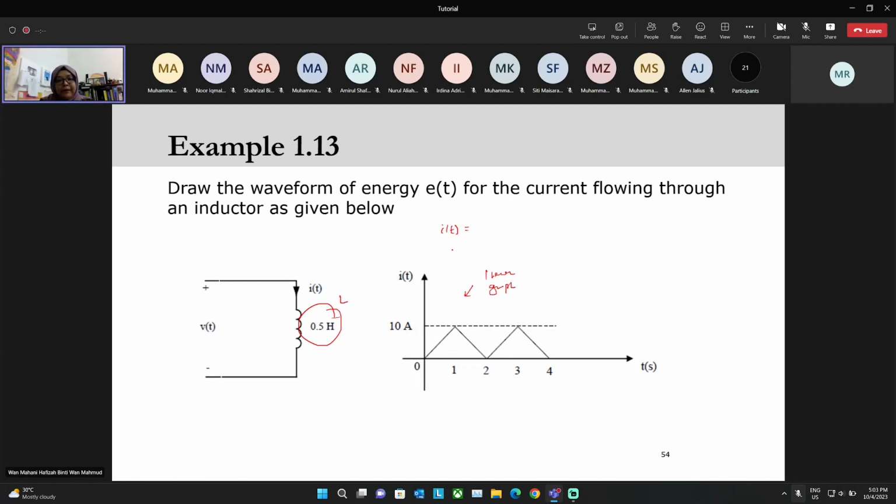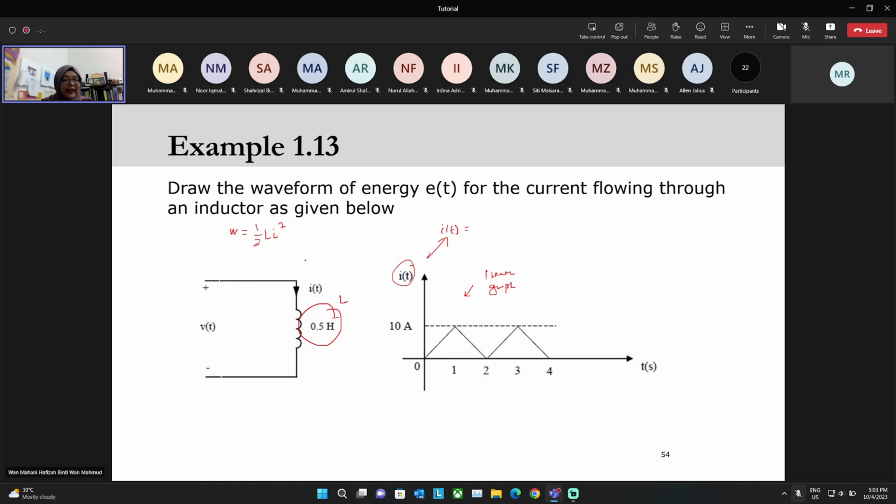So bila dah dapat sebutan I daripada graf ni, you dah keluarkan dia punya equations, you can just implement the equations of W equals to 1/2 Li square.